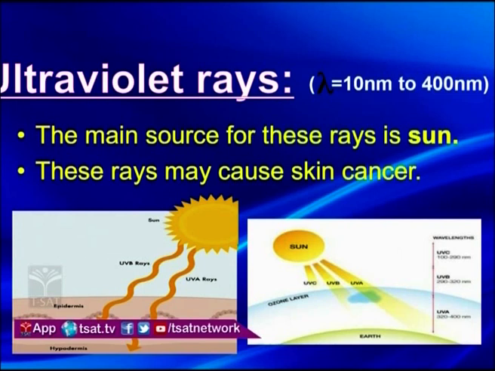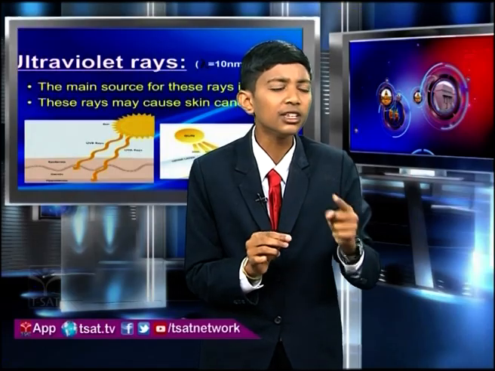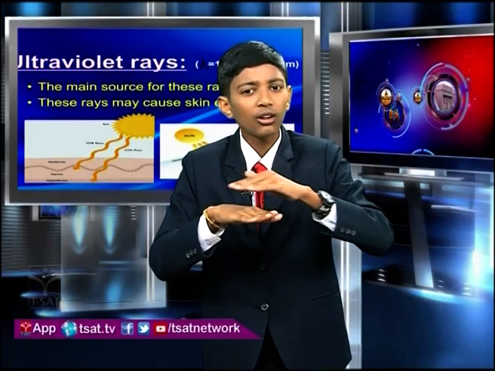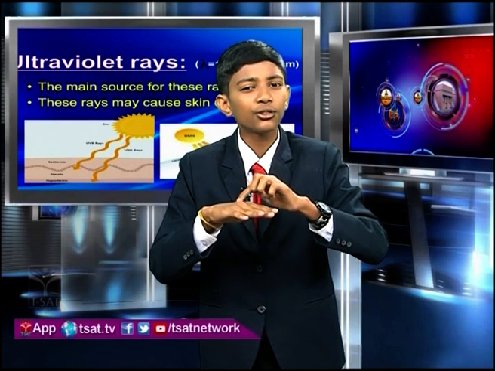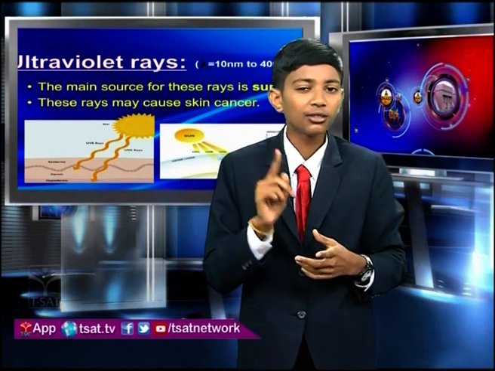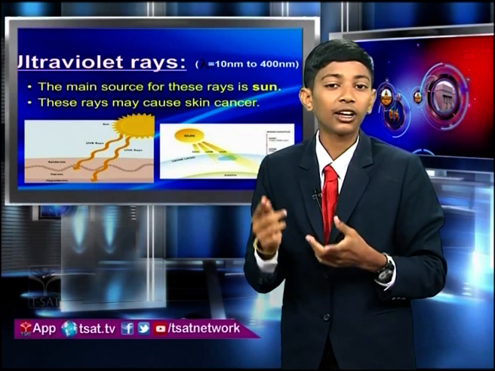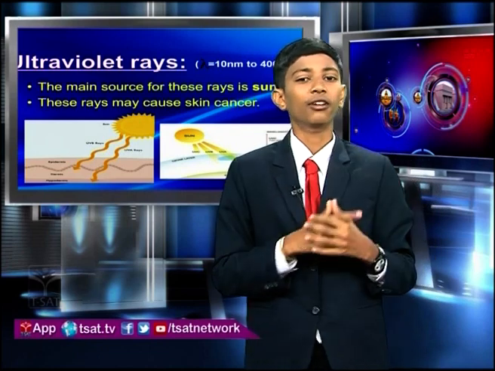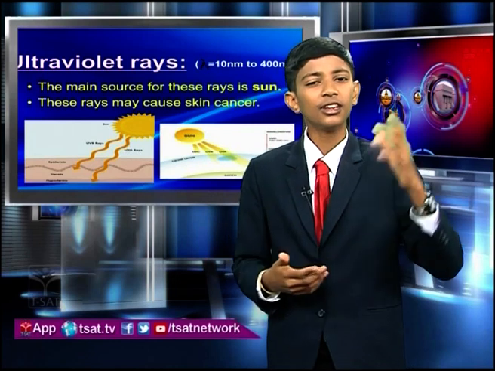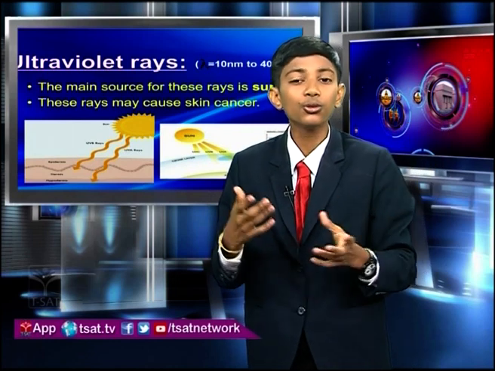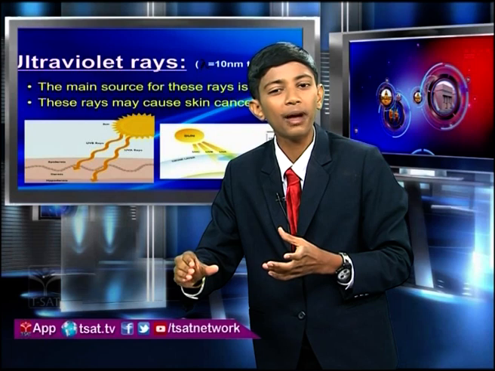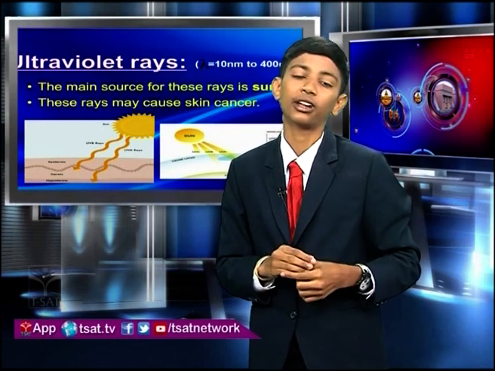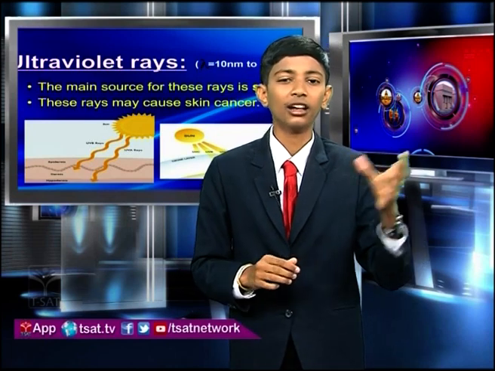That means the sun is a source for these ultraviolet rays. But whenever ultraviolet rays fall on our skin, it may lead to skin cancer. That's why the ozone layer of our earth protects us from those ultraviolet rays. Anyhow, ultraviolet rays are also used to kill harmful bacteria. So this is about ultraviolet rays.